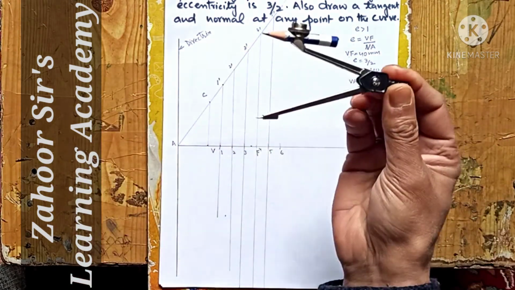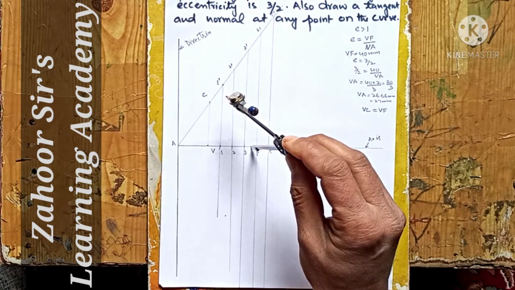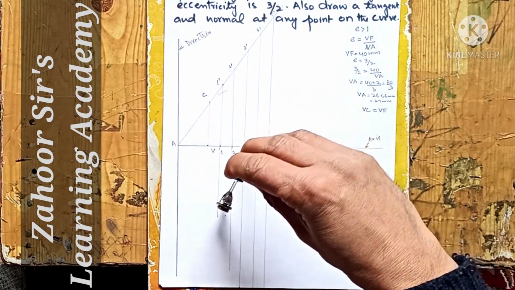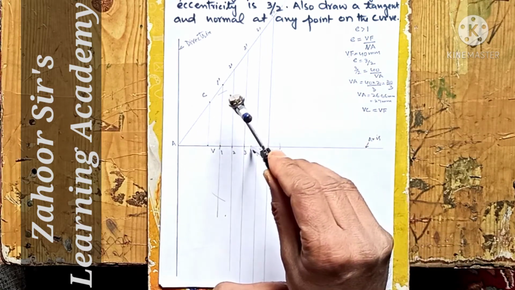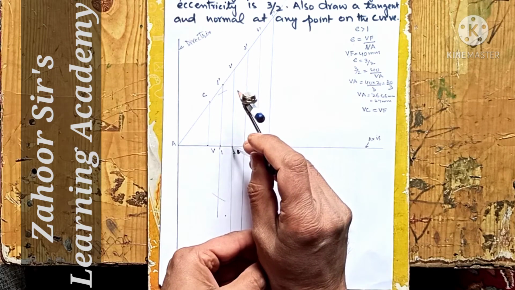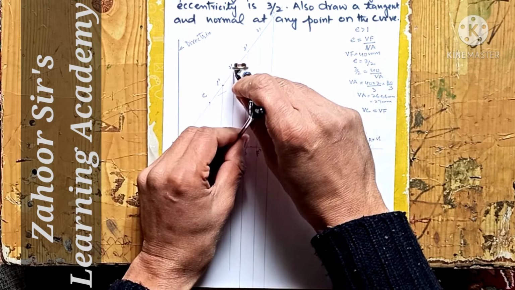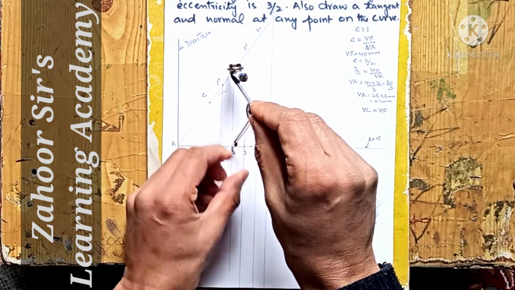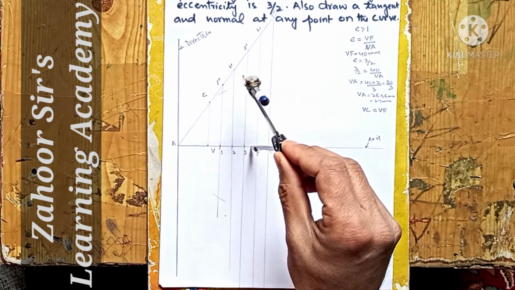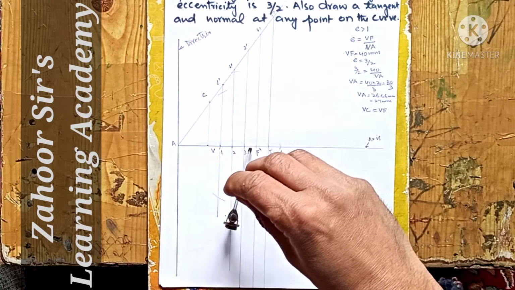Now, after taking this distance on the compass, keeping the center as the focus F, cut this line, the 1, 1 line. The same procedure needs to be followed. Keeping the compass at 2 and opening it up to 2 prime, measure the distance here. Now, keeping the center F, cut this line, the 2, 2 line.